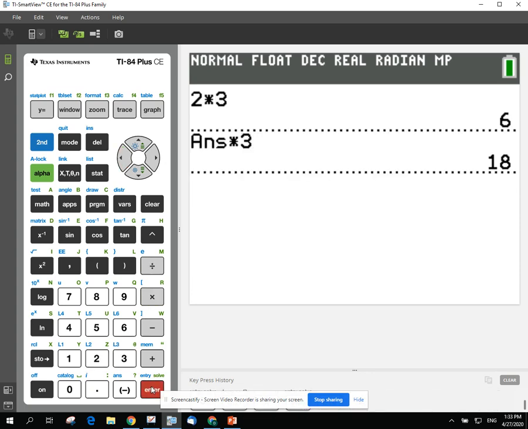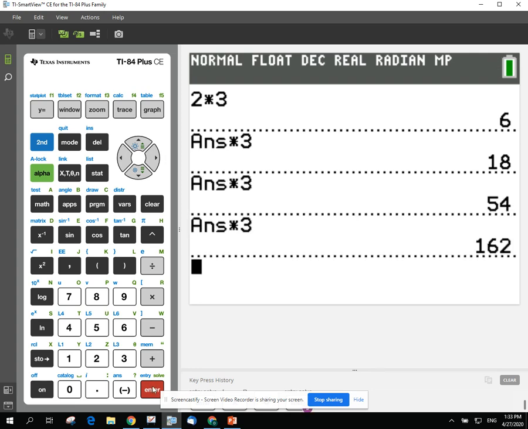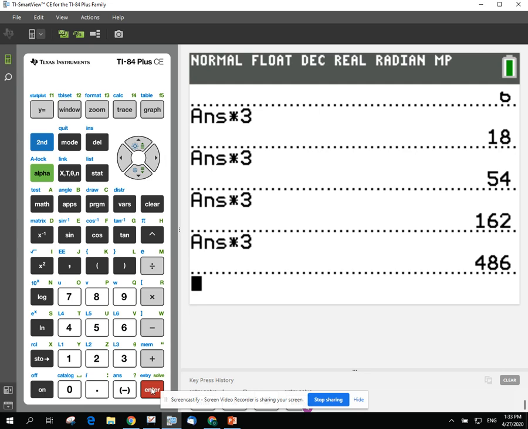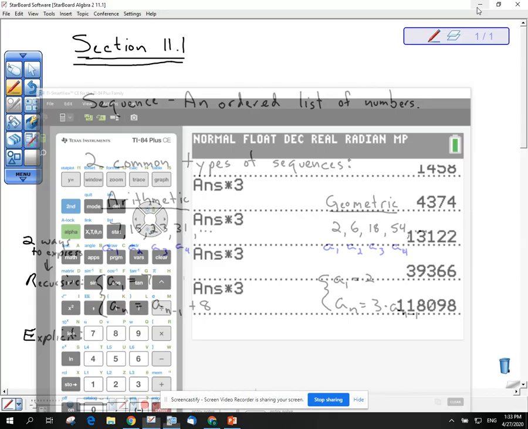Times 3 gives me 18. And then just enter gives me 54. Enter would give me A sub 5. Here's A sub 6. Here's A sub 7. Notice that those numbers are climbing a lot faster as I do this, right? That's the nature of a geometric sequence. This is a geometric sequence.